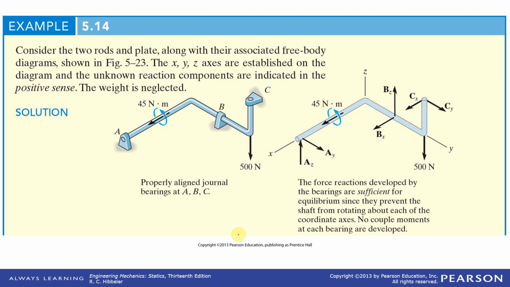Now they're also telling us something. When they drew the free body diagram, you could have moments. You could have a y and z axis moment at point A. You could have a z or x axis moment at point B, and you could have a y or x axis moment at point C.